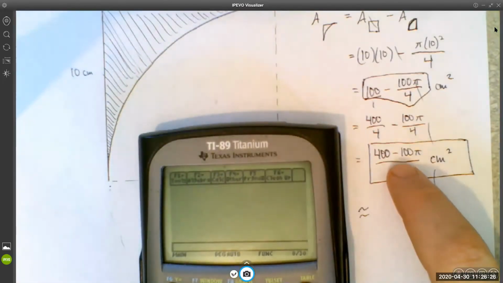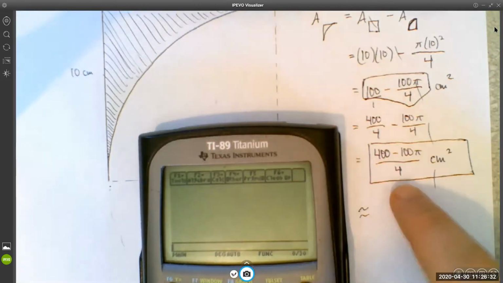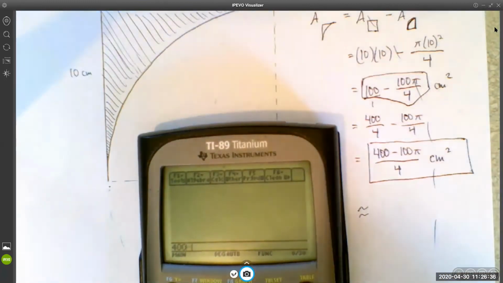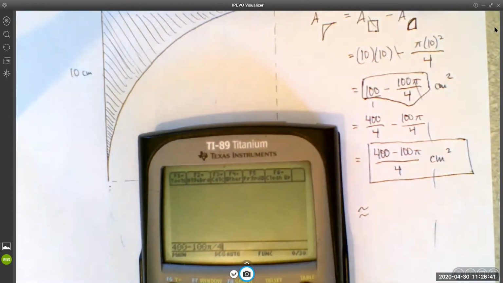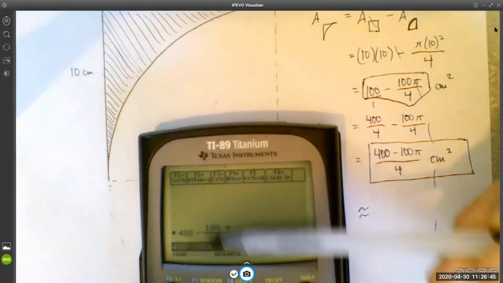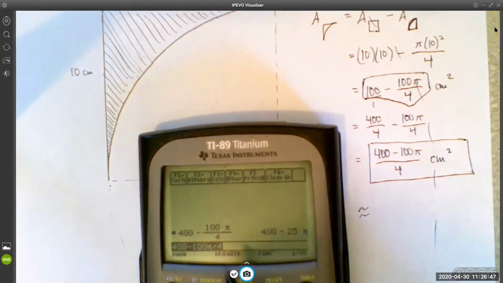So if I'm going to plug it in this way, I need to make sure that I do 400 minus 100 pi and then do that before I divide by 4. In other words, if I just type in 400 minus 100 pi divided by 4 like that, it's going to give me the wrong answer. You see, my calculator will display it, and it'll show you that it's wrong because it's only dividing the last term by 4, and you want to divide the whole thing by 4.